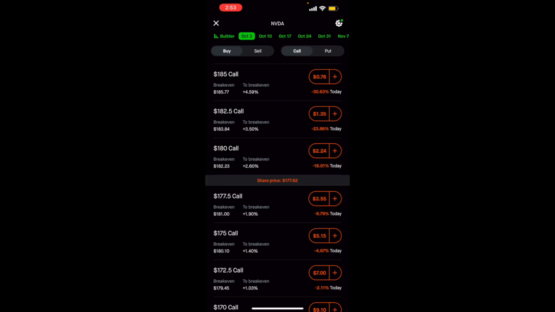So you might hear in the money and out of the money. The share price is at 177.62. Now the calls that are below where the share price is at, those are in the money.